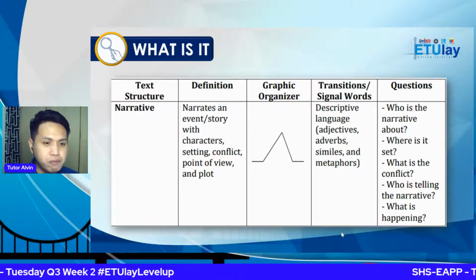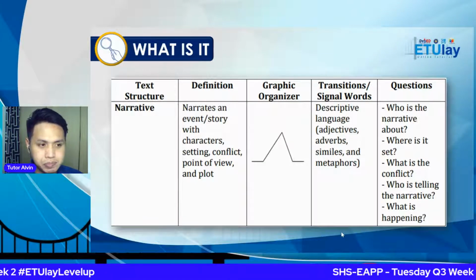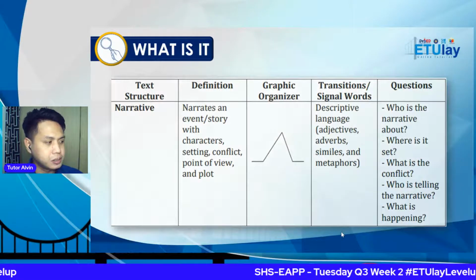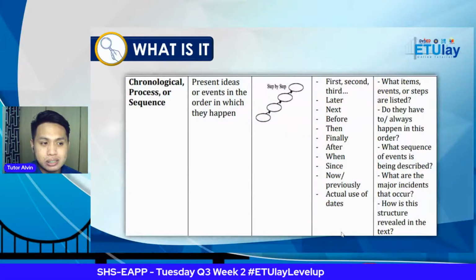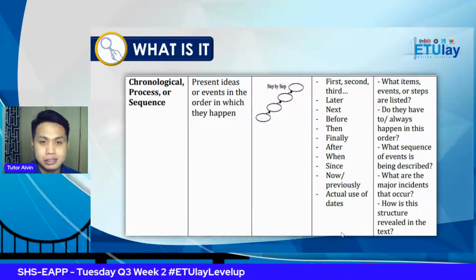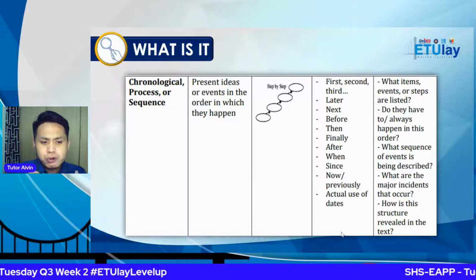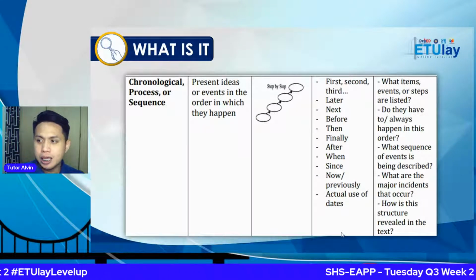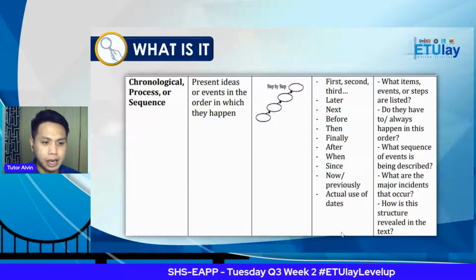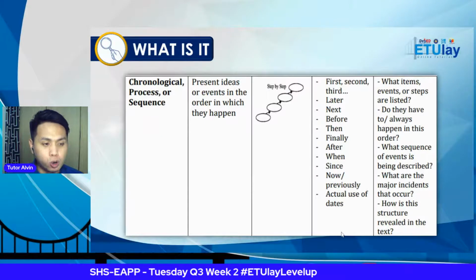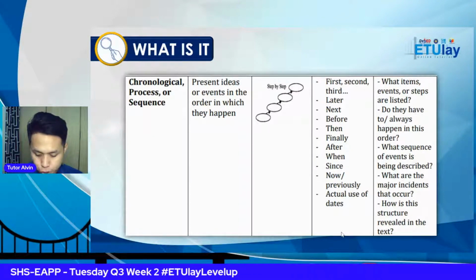So moving on to the next, this one, the chronological, process, procedural, or the sequence. From the word chronos, okay? Chronos, which means time. Logo or logic, which means order.